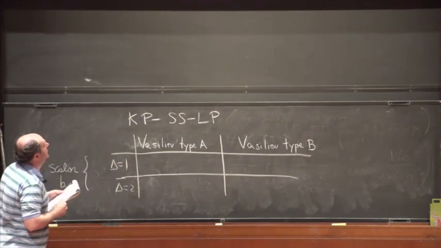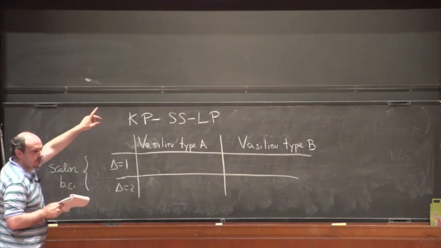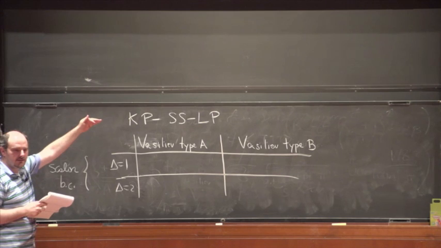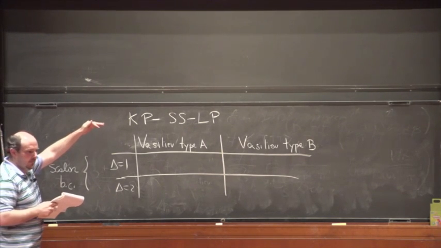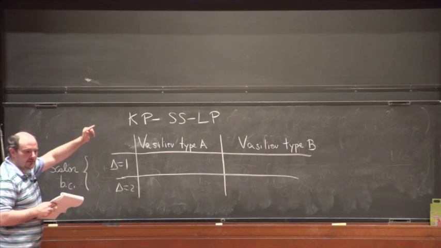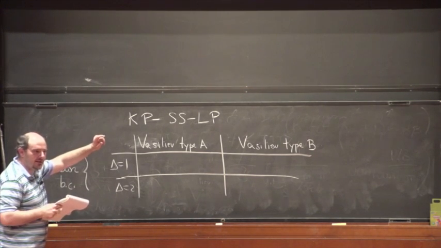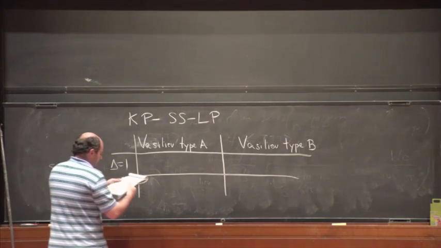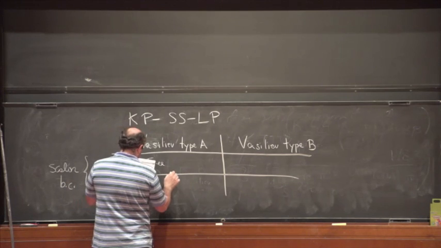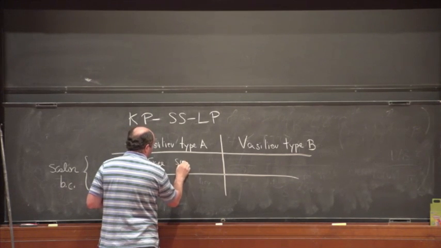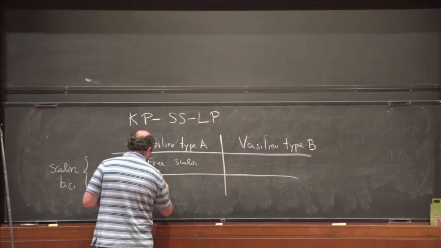I should say that in both the scalar and the fermion model, the dimension is either 1 or 2, so the bulk scalar field always has the same mass, m squared equal minus 2, as we discussed yesterday. But it's a pseudo-scalar in type B and a regular scalar in type A. If we choose delta equal 1 here, we're discussing the free scalar. And here we're discussing the critical scalar.